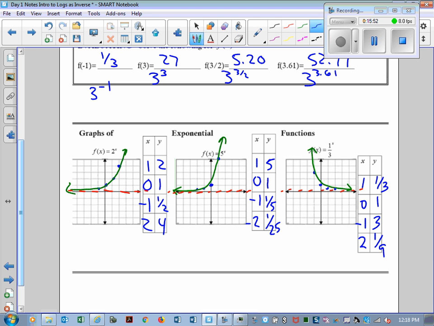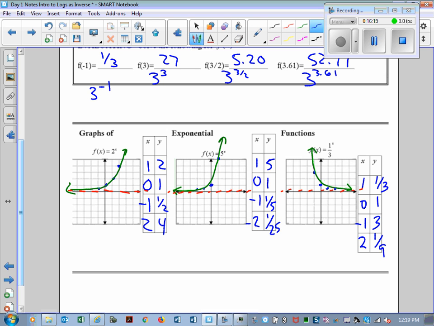Because we're going to start doing transformations, so we're going to start moving the asymptote around, and you should know that based on your transformations, not just because that's the way it looks on the graph. It's from the parent function. Okay? All right.